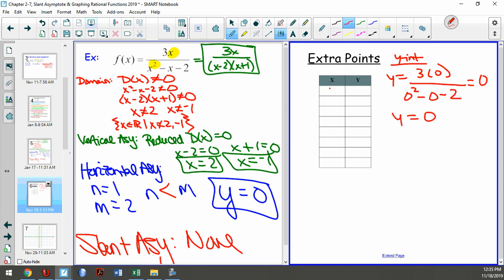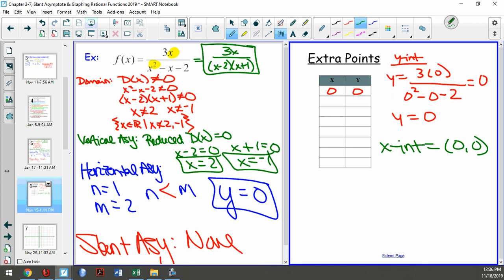So I have the ordered pair 0, 0. That's not only the y-intercept, but it's also going to be the x-intercept. So that's what I need your brain to understand. The x-intercept is also the point 0, 0. I already found it, so there's no reason for me to do it again. Do we get that?